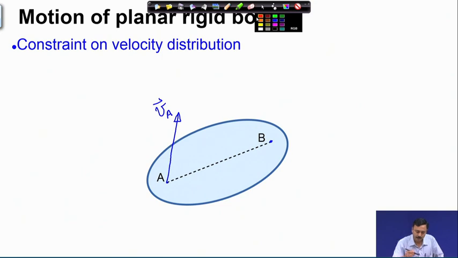Remember, this is a rigid body. If I drop a perpendicular onto this line AB, which means I am projecting VA along AB. So, I get this projection vector. This red vector is the projection of VA along AB.